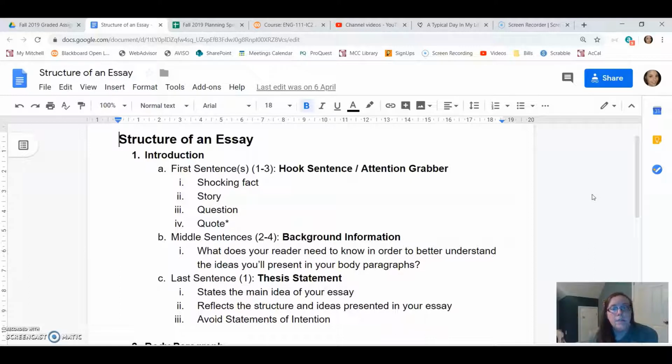Questions work, but some instructors don't want you to ask a question to start your essay. There's a couple of reasons for that. One is that sometimes questions can feel really unrelated to the content, or they can feel kind of superficial. For example, a question that asks the reader directly and makes them think about something is usually not as effective, because that question can't be answered by the end of your essay.